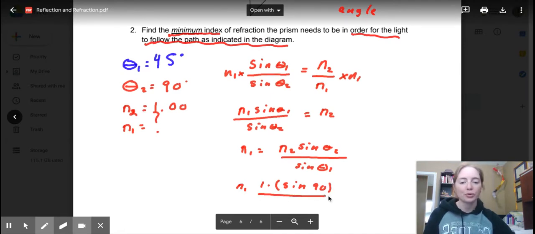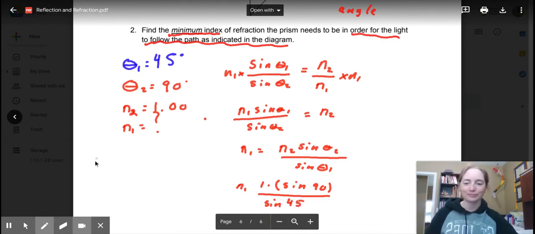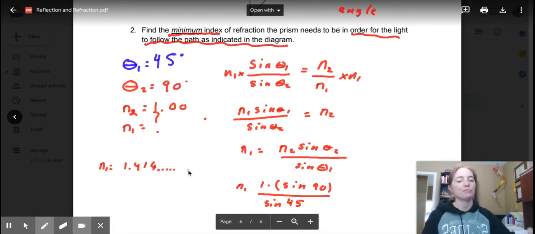And then we're going to divide that by our sine of theta 1, which is 45 degrees. And when you get your final answer, ladies and gentlemen, we have our 1.414, remembering that N is a unitless number. And with sig digs, okay, we get our N is 1.41.